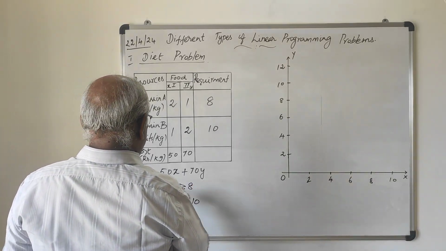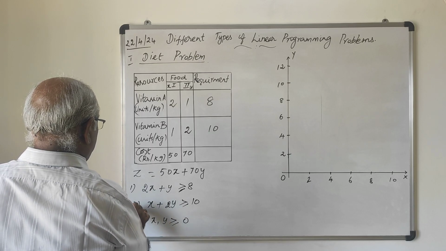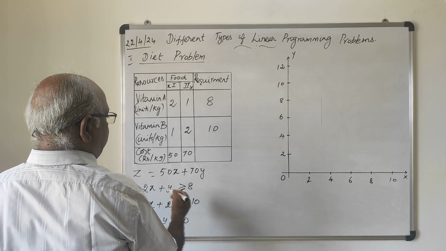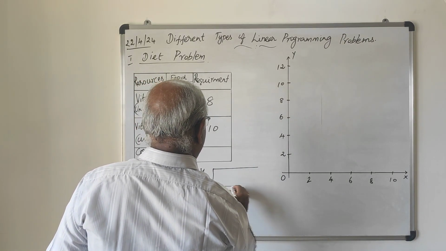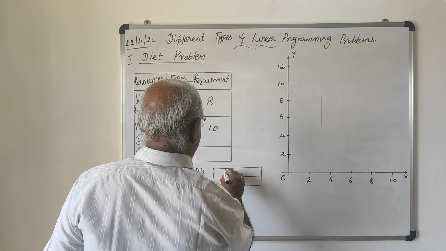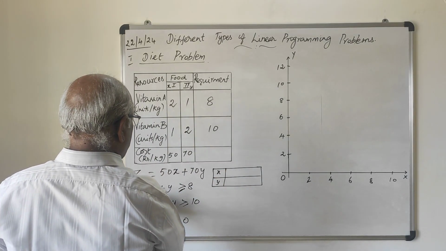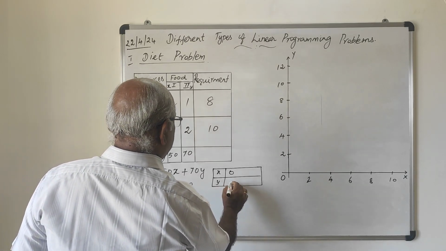This is equation 1 and this is equation 2. In the first equation, if you put x equal to 0, y is 8.